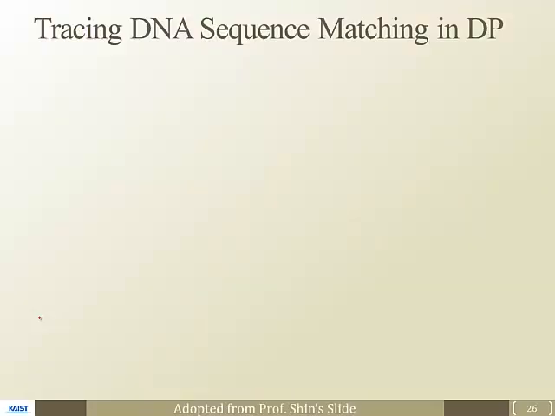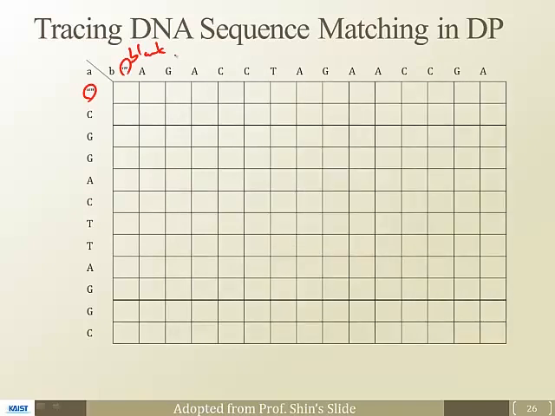Okay, so let's find out how DNA sequence matching works conceptually. We have A and B sequences like this, and we added a blank here, right? Because the blank does not match anything else, we put all 0s, and this is the memoization table.